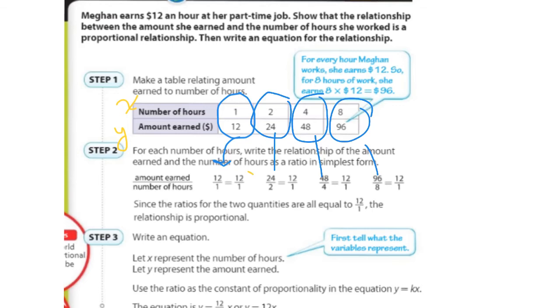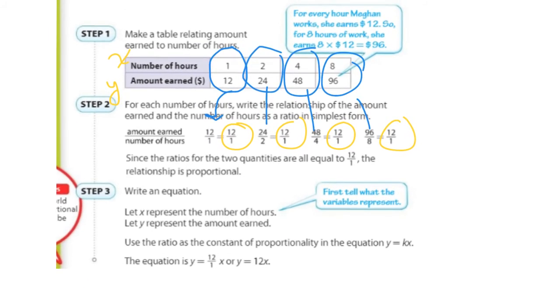And notice they all simplified to 12 over 1 because for every hour she works, she gets paid $12. Since the ratios for the two quantities are all equal to 12 over 1, the relationship is proportional. So it asks you to write an equation. When you write the equation, remember how they had the equation written down before as y equals kx?